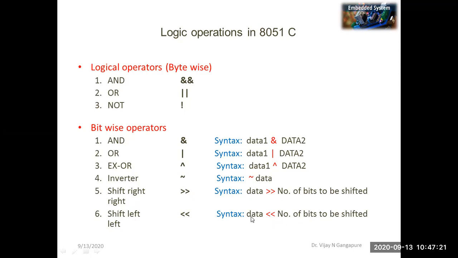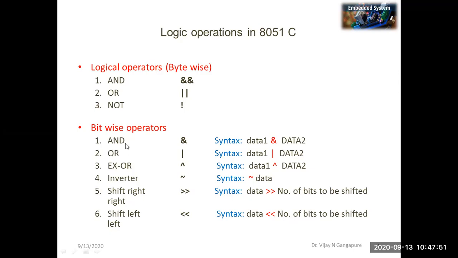This shift left operator will shift the data bits by the number of bits specified after the operator. For example, if I write data, shift left operator and 5, the data bits will get shifted 5 times towards the left. That is the meaning.